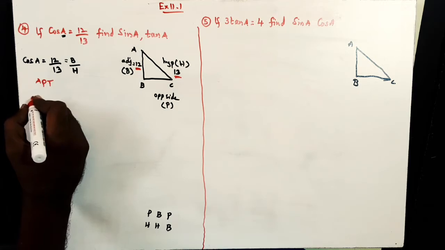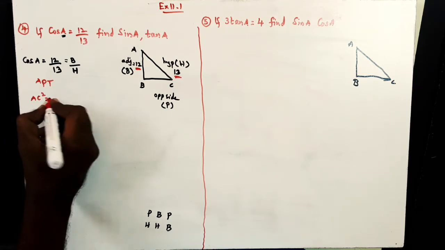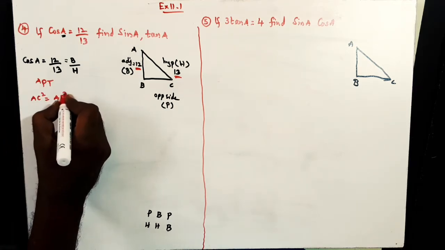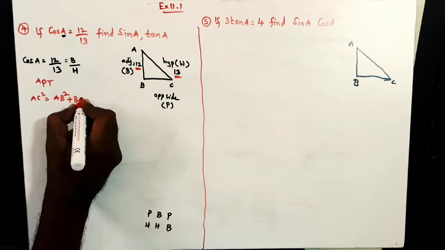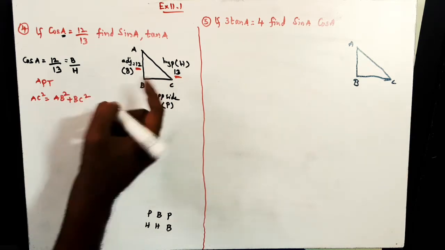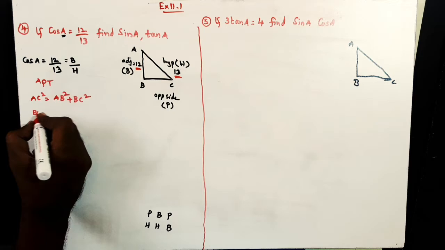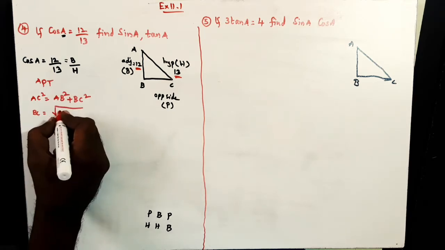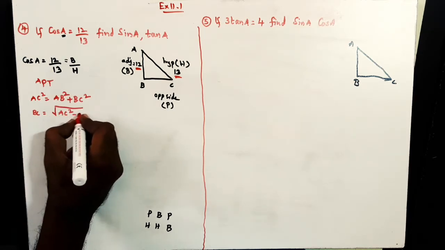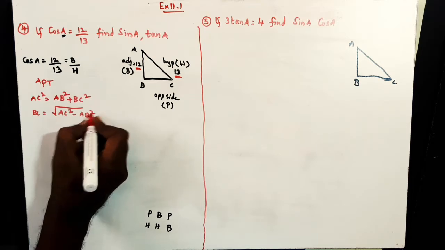the square on the hypotenuse, AC square is equal to AB square plus BC square. So we have to find BC, making BC the subject: square root of AC square minus AB square.